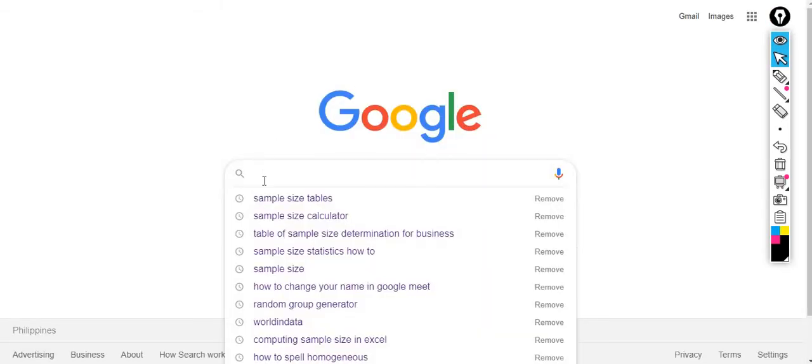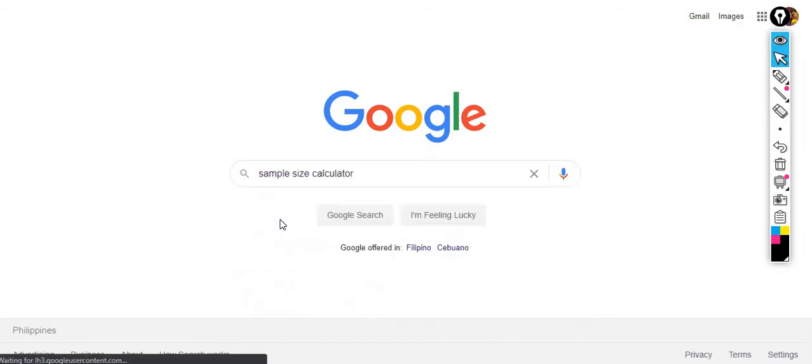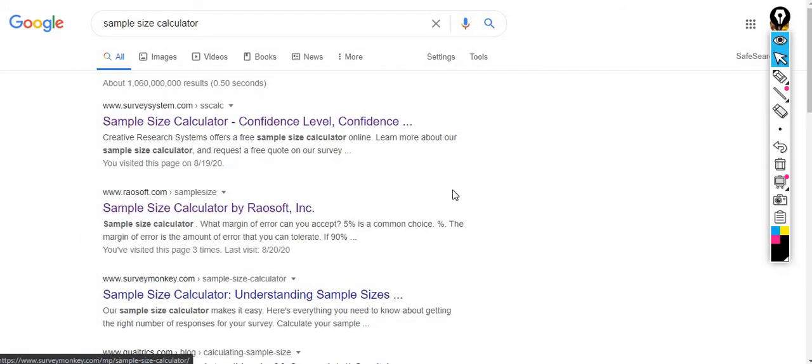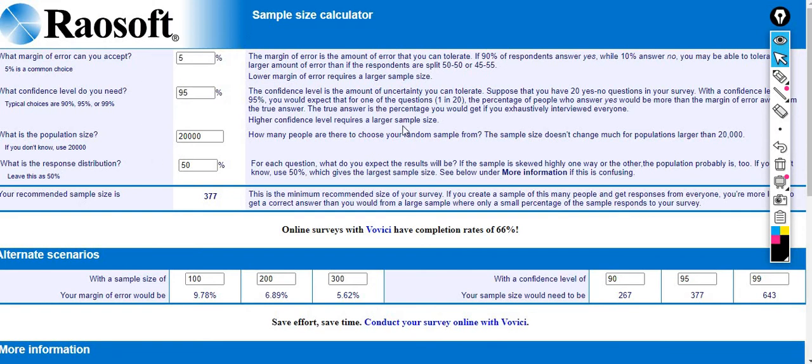This time, let's now search for our sample size calculator. We have actually a lot, but let me select not the first one, but the second one. The second one is the choice that we made because here, there is actually an explanation of the things that we would need and even the typical choices that researchers would make. So let's have an example. Say, for example, you want a 5% margin of error, and let's say you want 99% confidence.